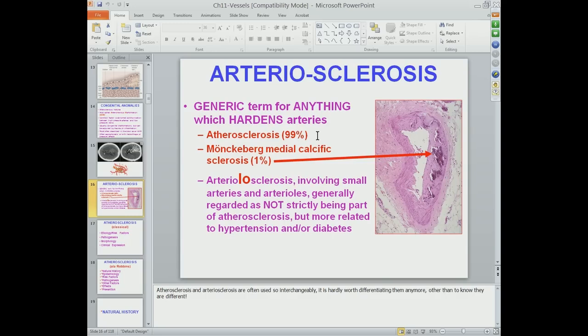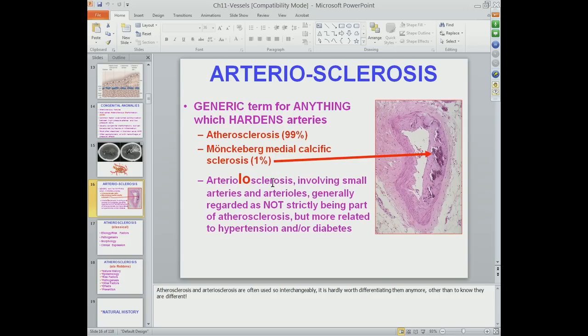Another term which I would like to introduce and differentiate is the term arteriolosclerosis. So it's just like arteriosclerosis, but we put in a little "lo" in there. And that refers to the fact that the sclerosis is generally not in the bigger, the muscular, the distribution arteries, that it's more in the smaller arteries and arterioles. And that generally is used specifically with regards to the kidney, although technically an arteriolosclerosis would be a hardening of an arteriole.